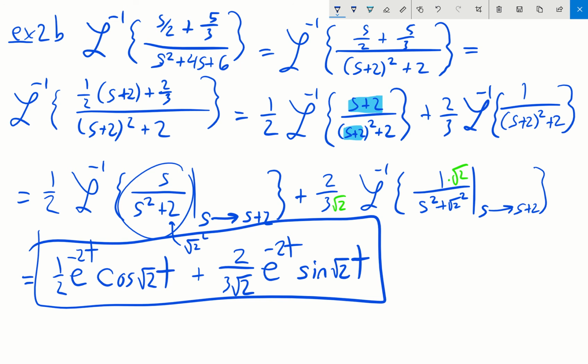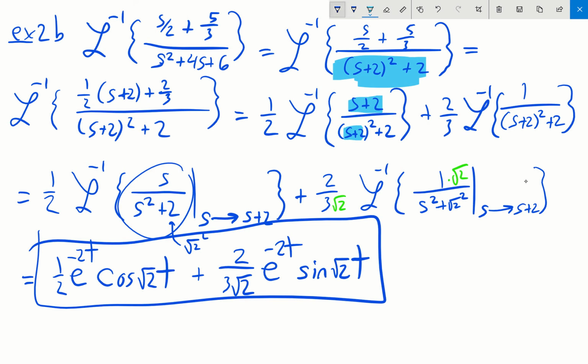The biggest takeaway from this one is a couple things. Our denominator this time was an irreducible quadratic factor. Because it was an irreducible quadratic factor, first of all, we wanted to write the denominator as a completed square. So complete the square in the denominator for the variable s.